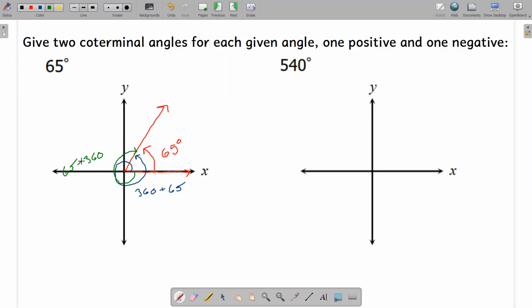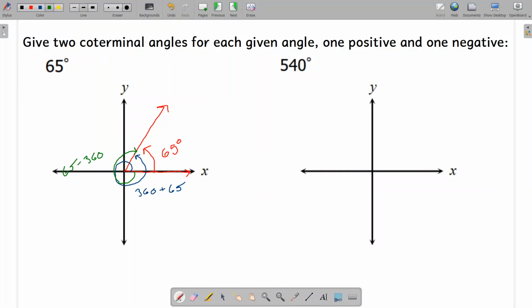If we went all the way around, we would have 360 degrees, but we know that we're stopping 65 degrees short of the actual x-axis here. So since we need a negative coterminal angle, we'll do our original angle minus 360.